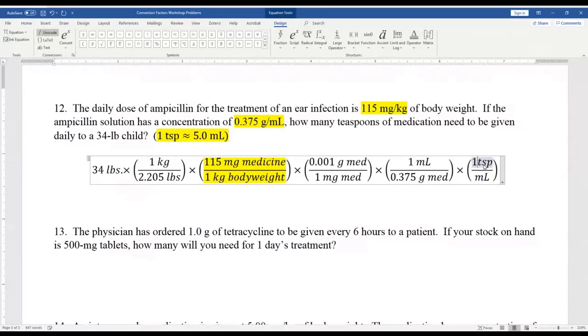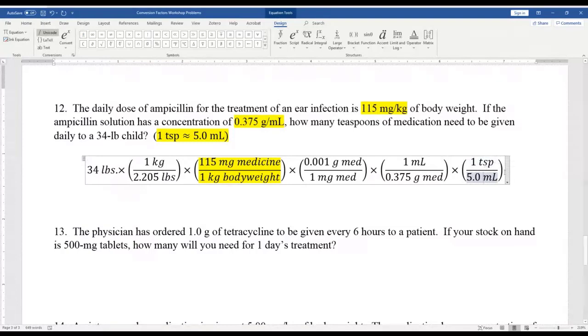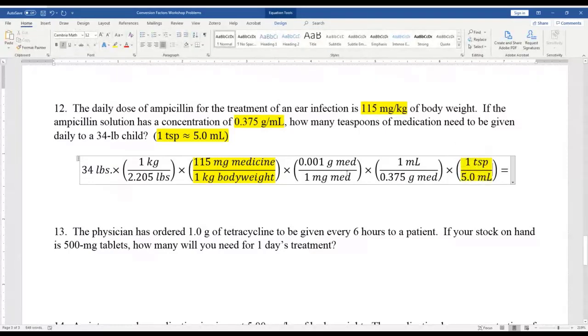So I get 1 teaspoon is equal to roughly 5.0 milliliters. And I'm actually just going to highlight, just for fun, the conversion factors given in the problem. There were 3 given and 2 that you had to use that were not given. That's one of the reasons that makes this such a challenging problem.